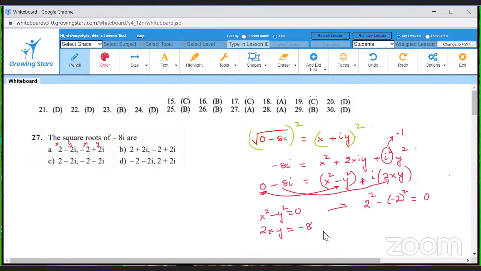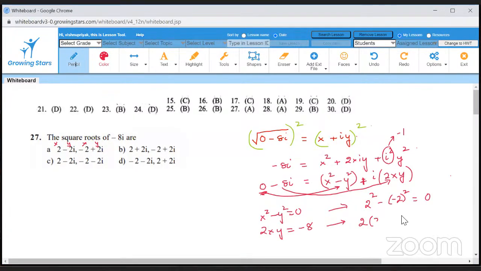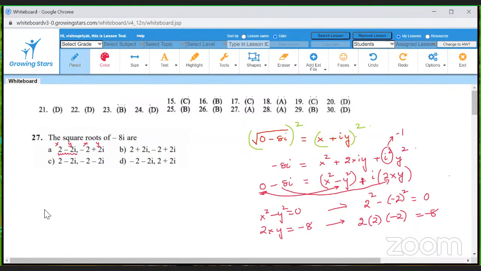This is correct. The same thing I will put here also. x is 2, y is minus 2 and I am getting minus 8. So 2 minus 2i is correct.